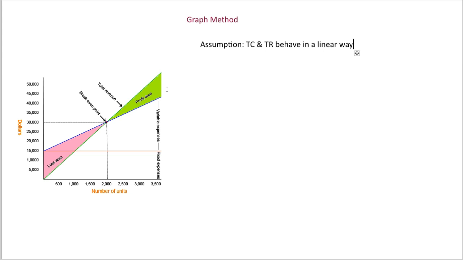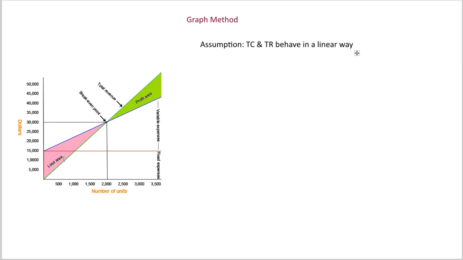And sorry, I must remember to say, and this is very important, that this is all within a relevant range. Okay, so total cost line is the sum of the fixed costs and the variable costs. This is why it also starts not from zero, because you are always going to have some costs. So it starts up here.